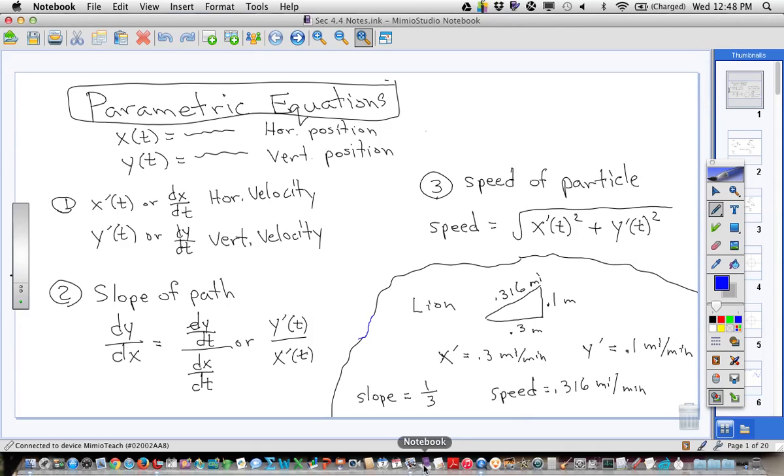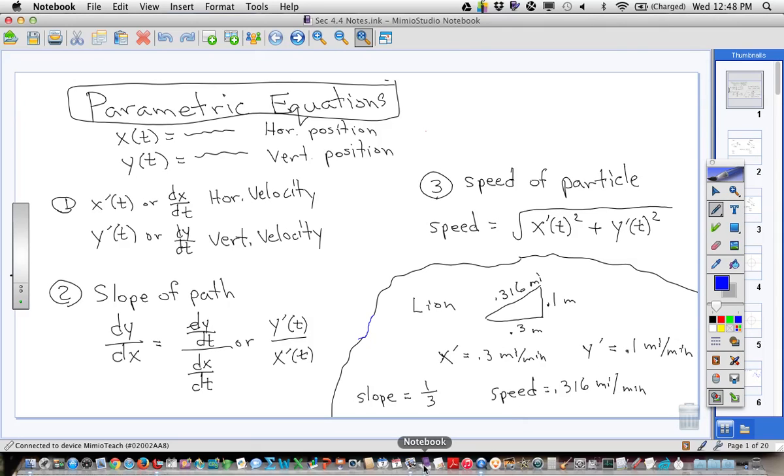And I guess I should say horizontal position and vertical position. Okay, and when we graphed that, we were checking to see if the line and the ranger met, where they were on the path that they were traveling. Remember, the lines were their paths, and where they were at a certain time was told by the parametric equation.